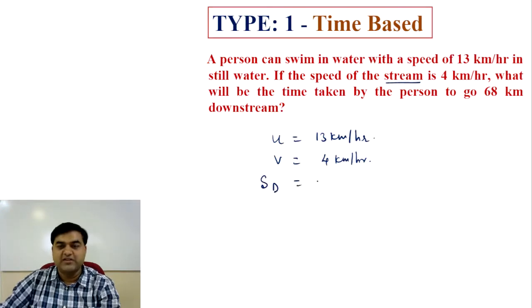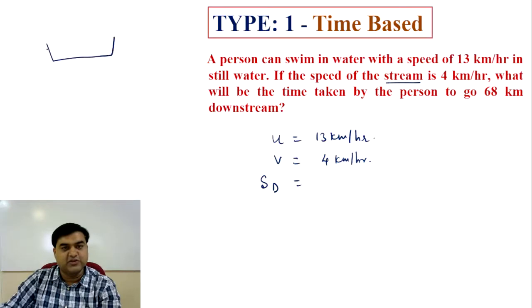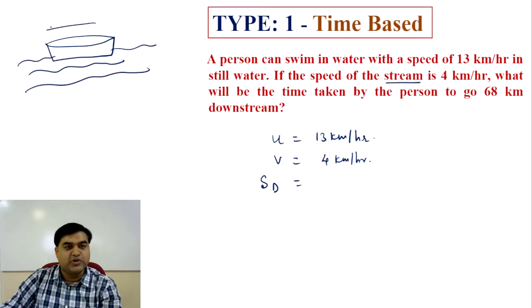If this is the boat, my dear friend, just for your concept, downstream means the river is also flowing in the same direction. The boat is going in this direction, and the river flow also is like this, u is this side, and v also is towards this left side.